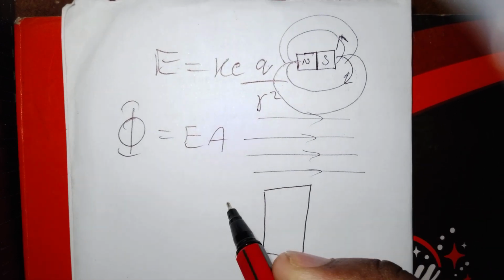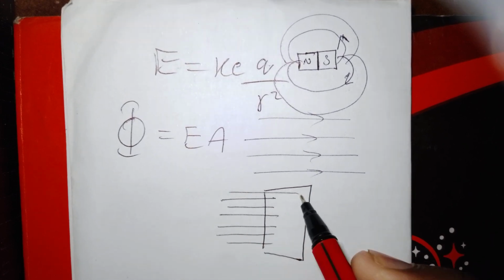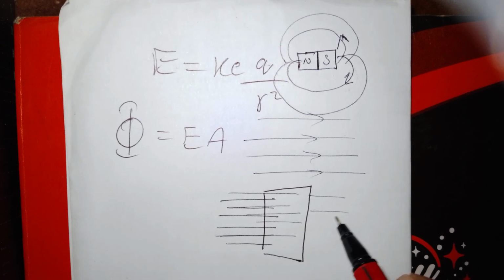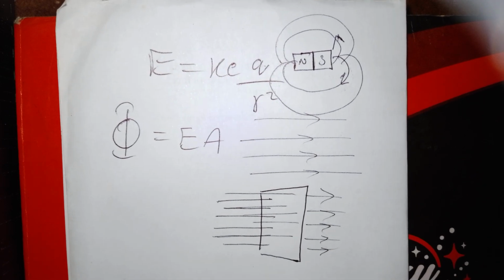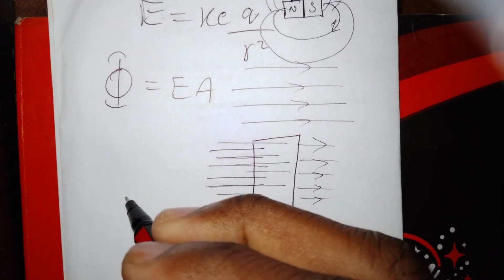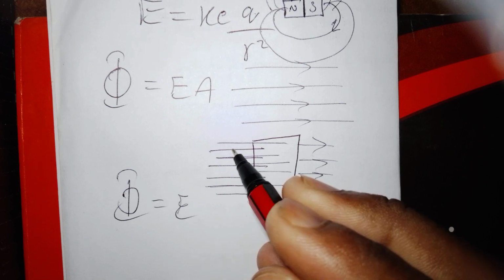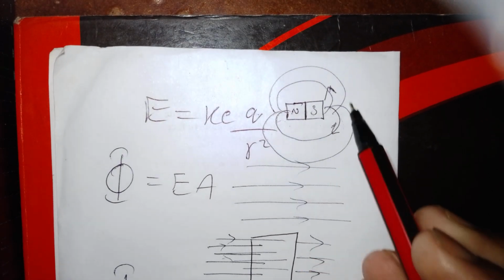Say this here is a rectangle, and you've got these field lines penetrating through it and coming out from the other end. Then the electric flux here is given by E, the electric field, just as it is with a magnetic field.